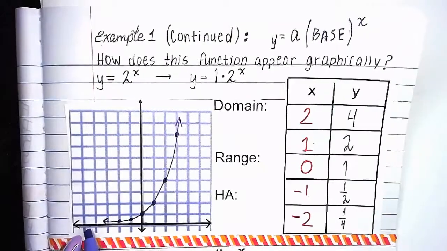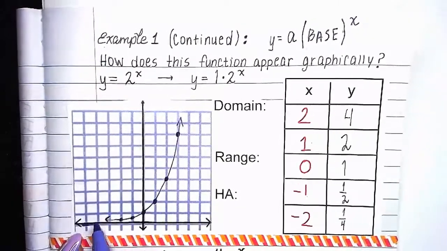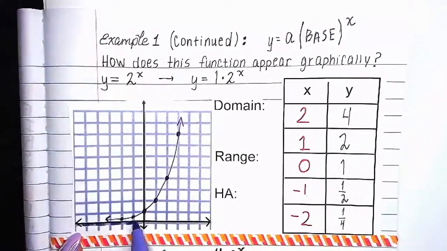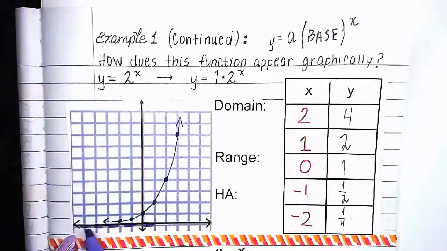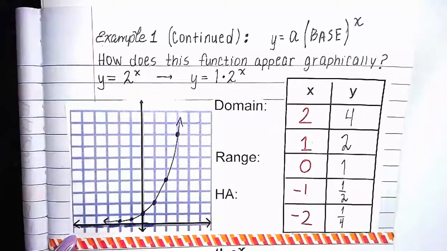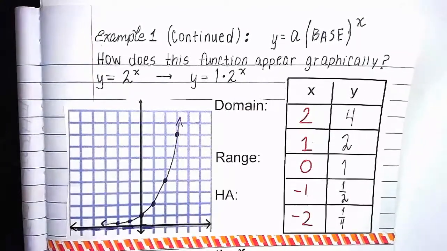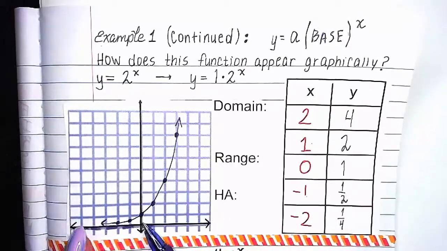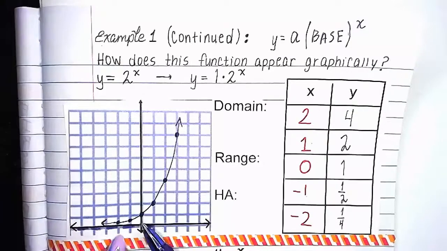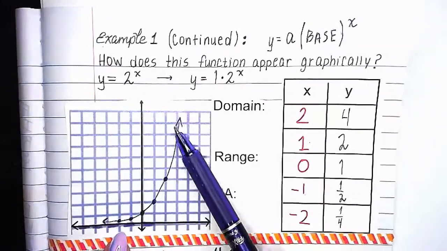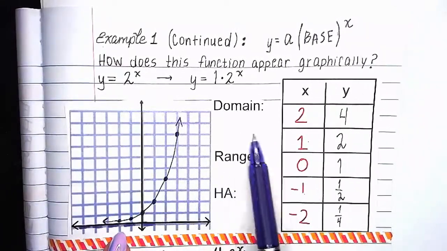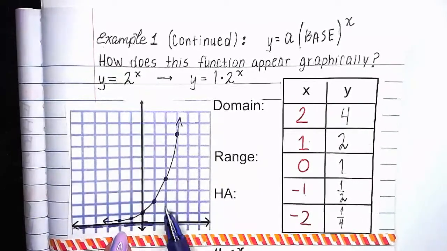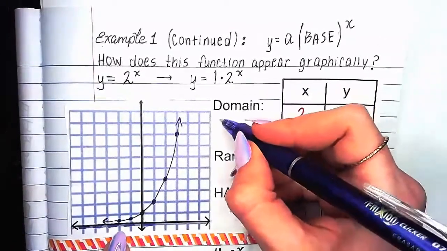Now, on this side over here, we're going to have this dotted line. We'll talk about the dotted line later because we're going to get closer and closer and closer to 0. The domain. This graph goes to the left forever, covering all x values here. And this graph, while it gets very steep, goes to the right forever as well. So whether I look at the equation or the graph, the domain is the same.